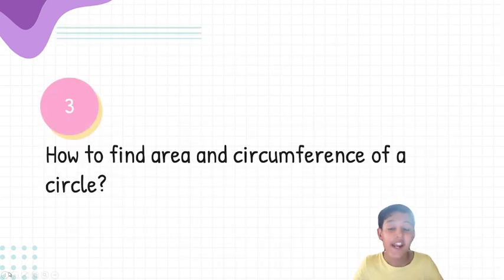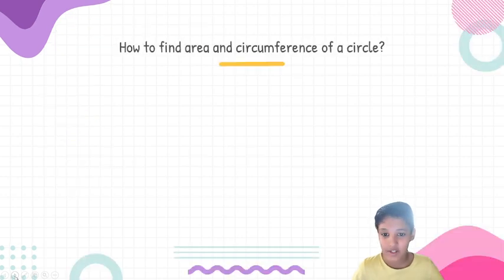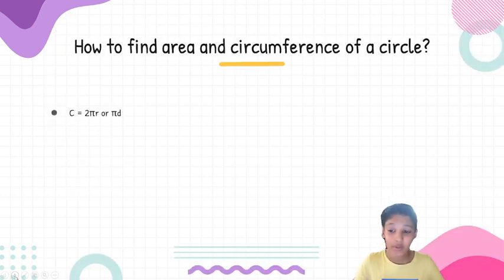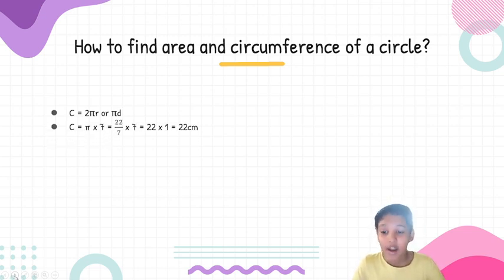Now let's take a look at how we're going to find the area and circumference of a circle. So, we know the formula for circumference is 2 pi r or pi d. Now let's take this example where our diameter is 7 centimeters. So circumference will equal pi times 7.